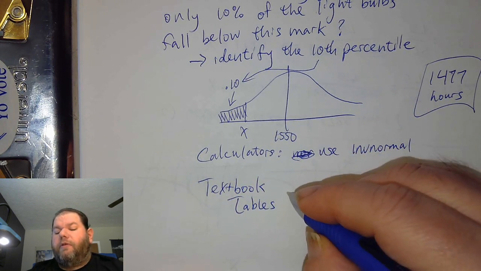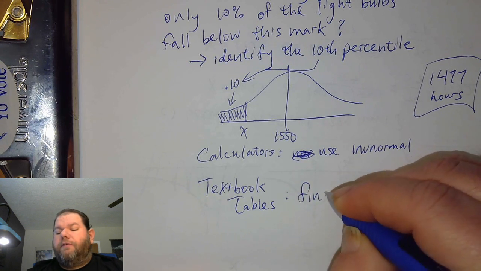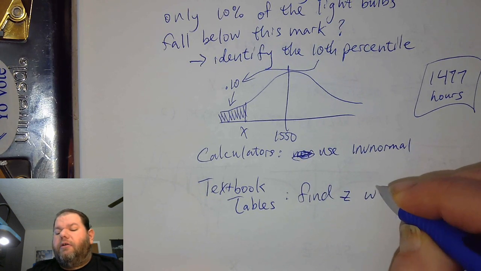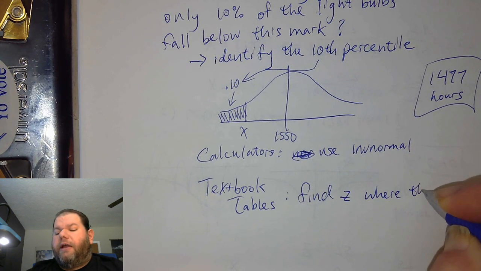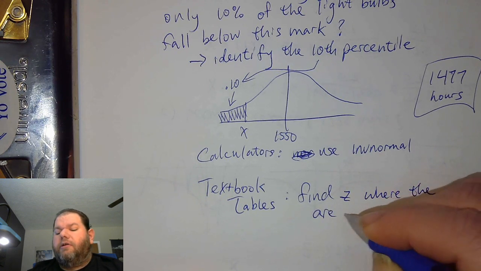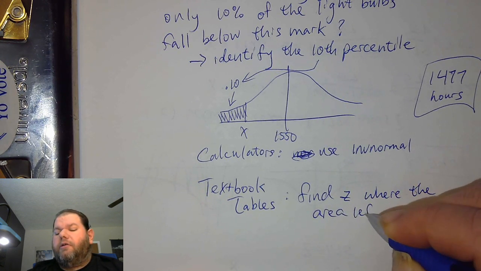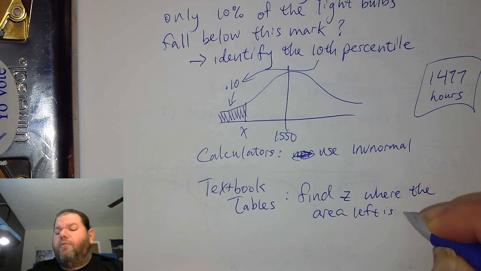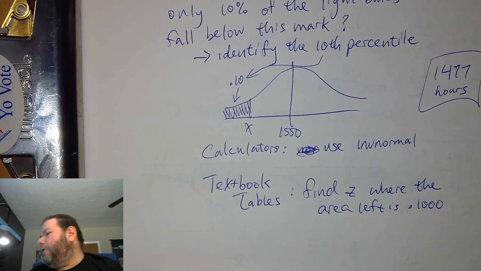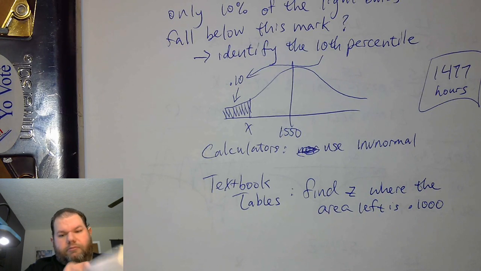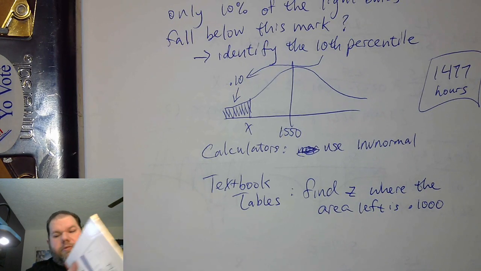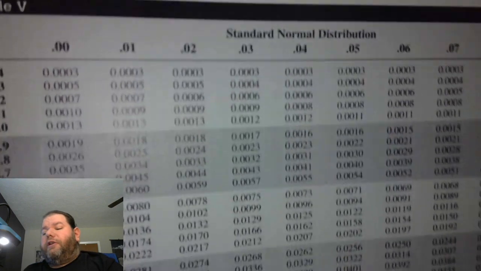Now, we want to find z where the area left is 0.1000. So we look at our table here.